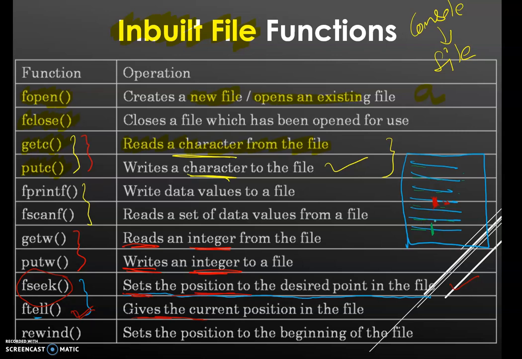Then how will the system come to know where your cursor is? By the ftell function you can come to know your current location or current position. So the ftell function gives the current position in the file.